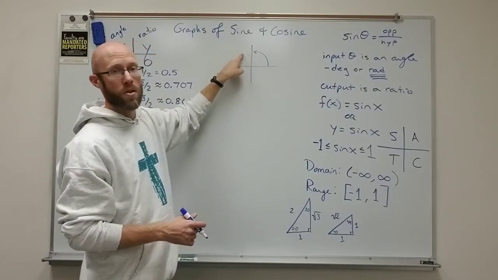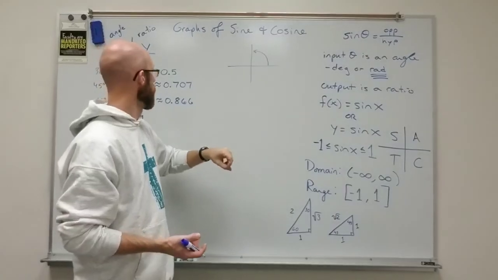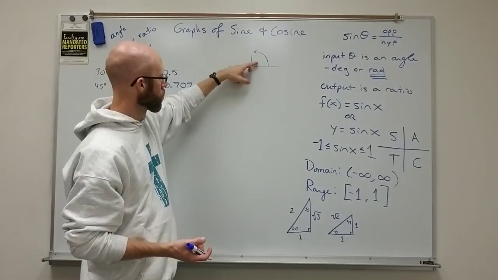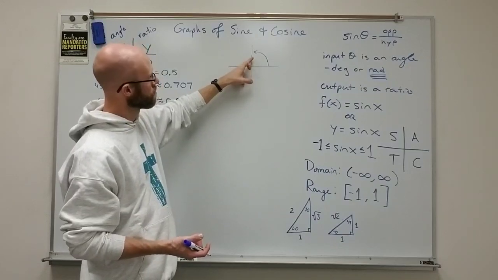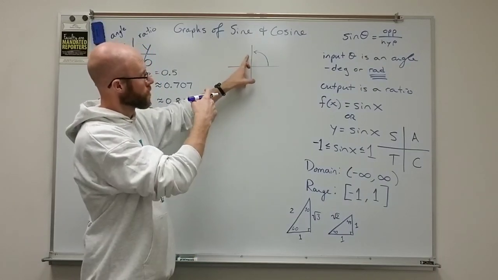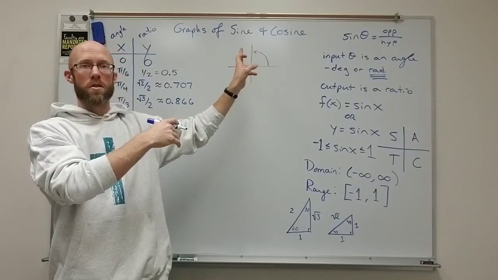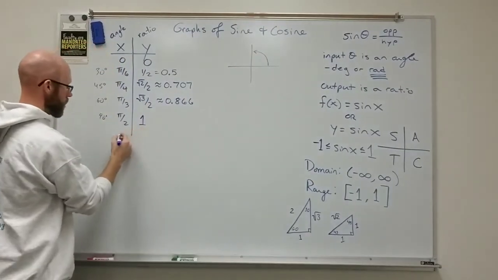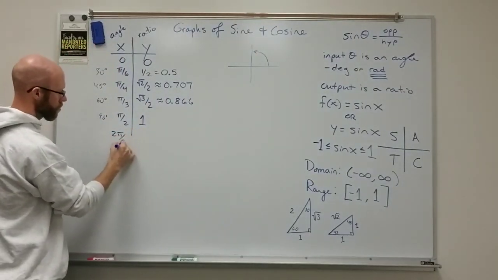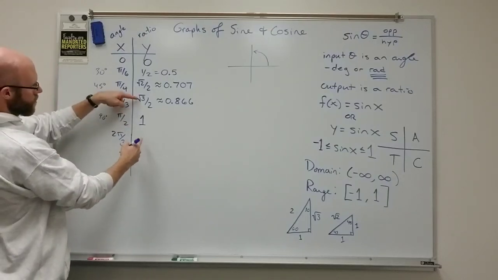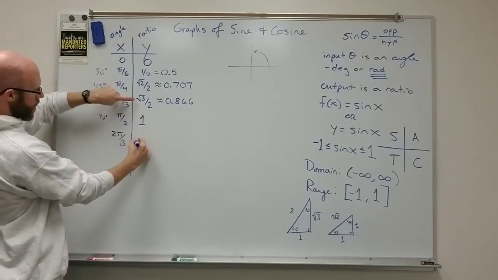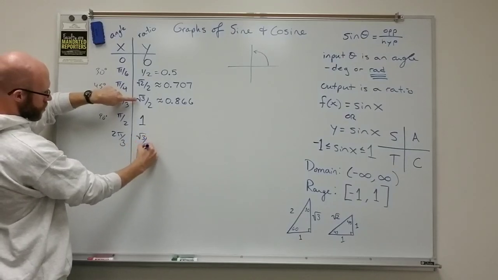So it's 90 plus 30, a 120-degree angle. That would be 1 pi over 6, 2 pi over 6, 3 pi over 6, 4 pi over 6, which is 2 pi over 3. So 2 pi over 3 is our 120-degree angle. And that then would have this mirror image around 1. So you'd have the root 3 over 2.